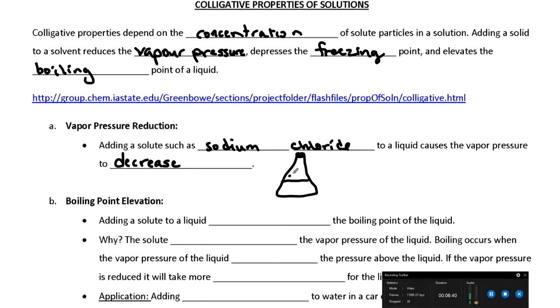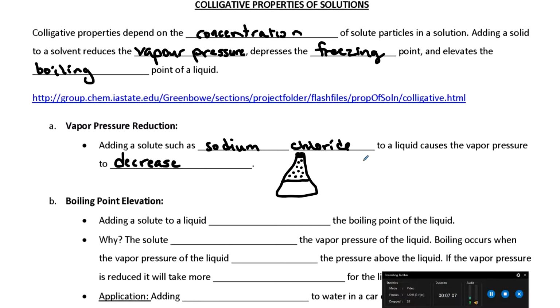And when it evaporates, those water vapor particles fill this space above the liquid. Those water vapor particles are going to bounce around and exert a pressure on each other and the walls of the container. That's vapor pressure. It's the pressure exerted by the gas particles above a liquid.